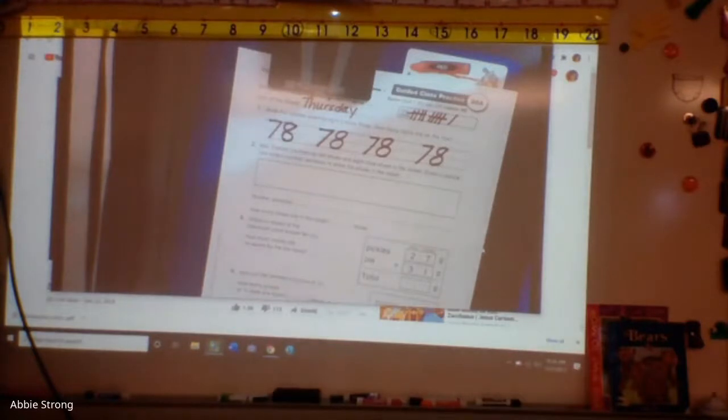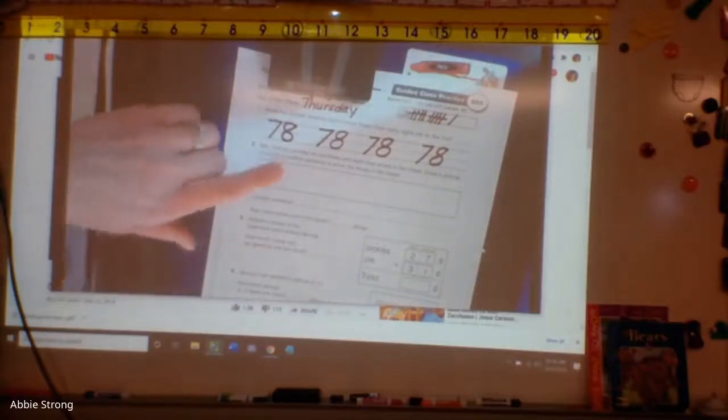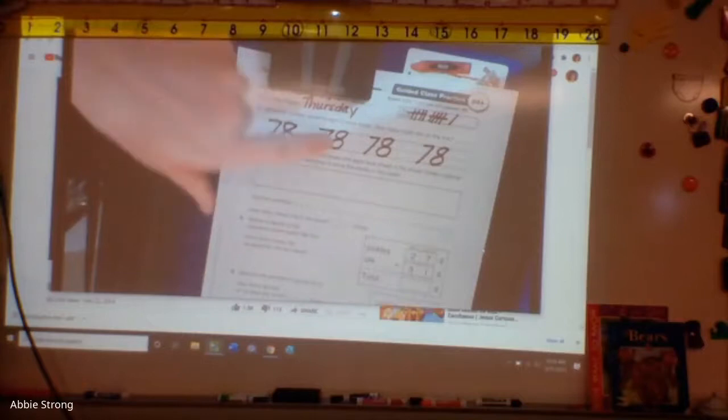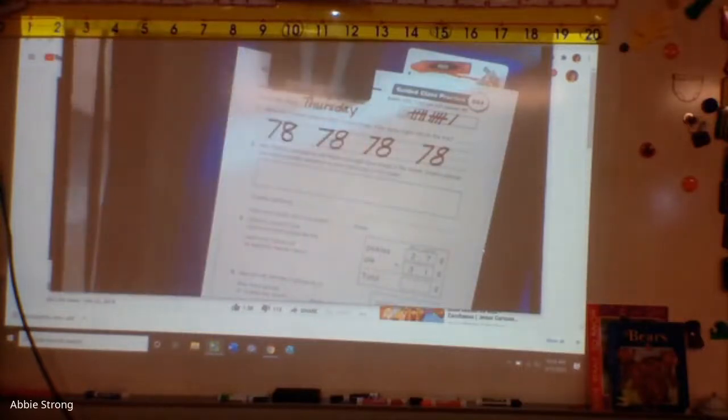All right, are you ready? Here we go. Let's do this. It says we need to count how many digits are on the line. How many digits do you have?